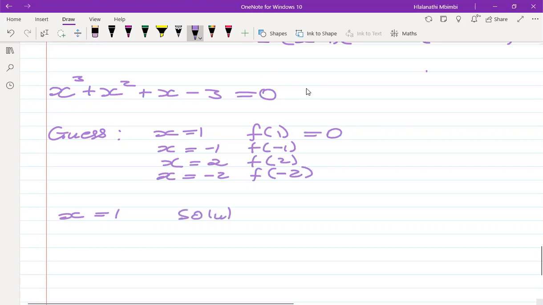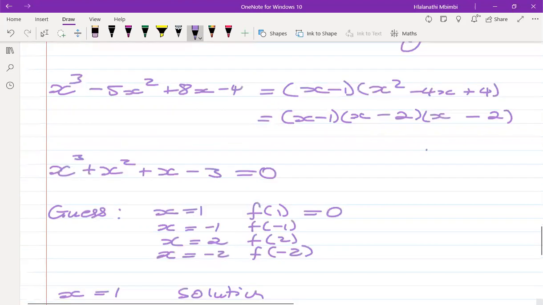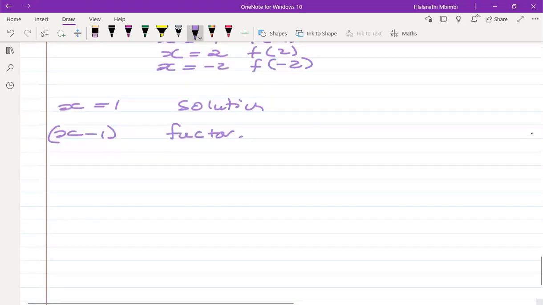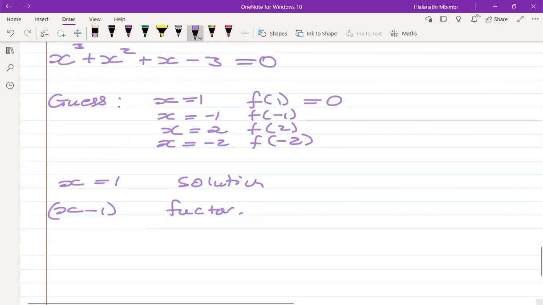Maybe that's actually worth noting. But x minus 1 would be a factor. So if that's the case, it basically means that if you were to take x to the power 3 plus x squared plus x minus 3, one of its factors would be x minus 1.